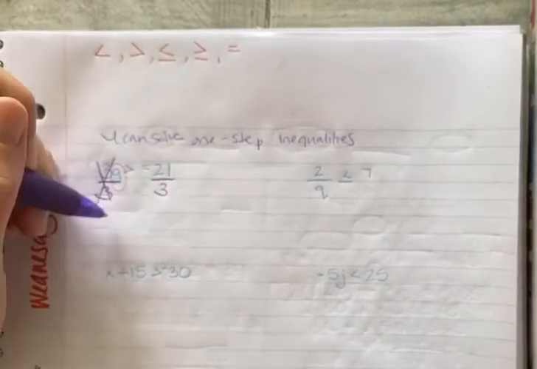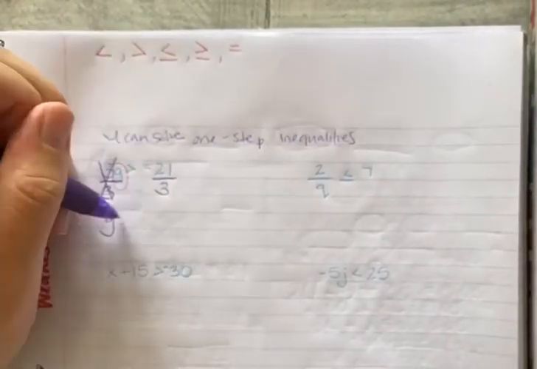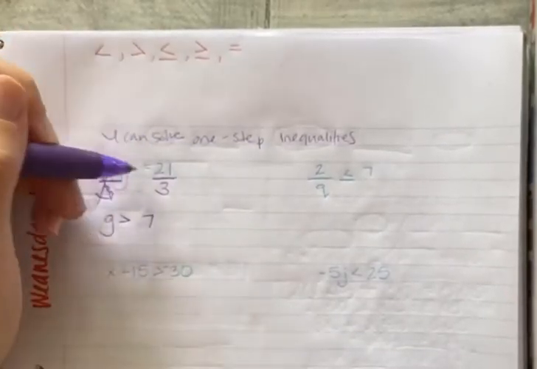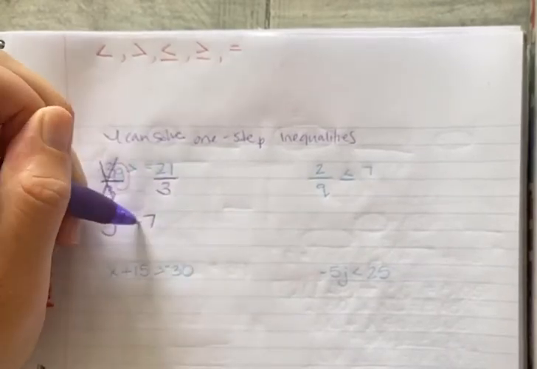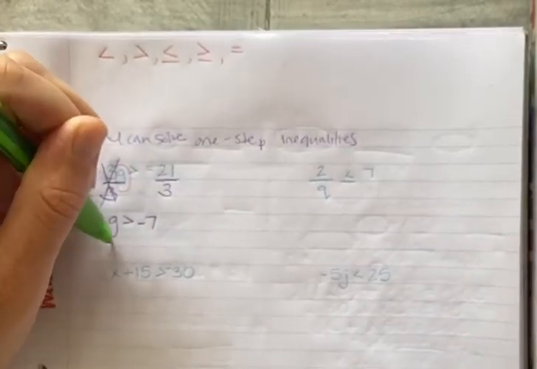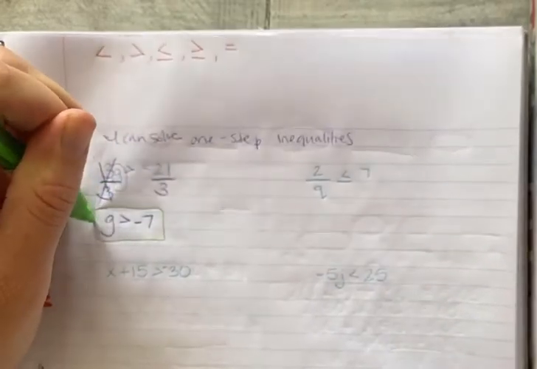So here I'm left with g is greater than negative 21 divided by 3. Well, 21 divided by 3 is 7, so negative 21 divided by 3 is negative 7. So this inequality says that g can represent anything that's greater than negative 7.